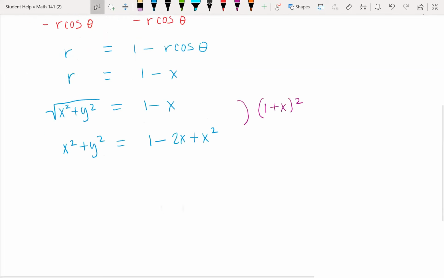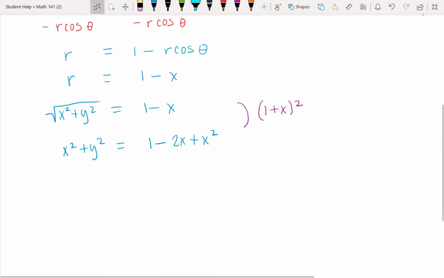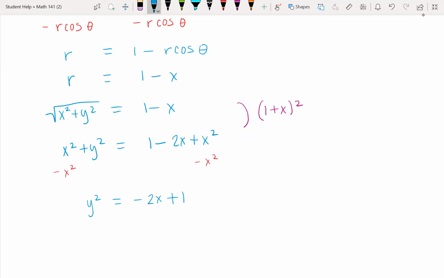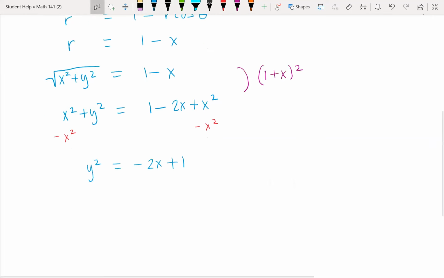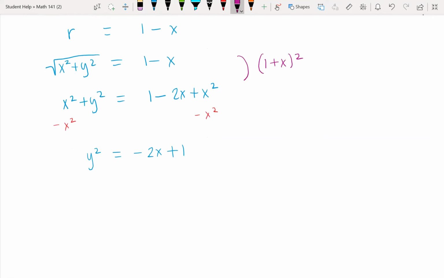And then I'm going to subtract x squared from both sides, and I've got y squared equals negative 2x plus 1.